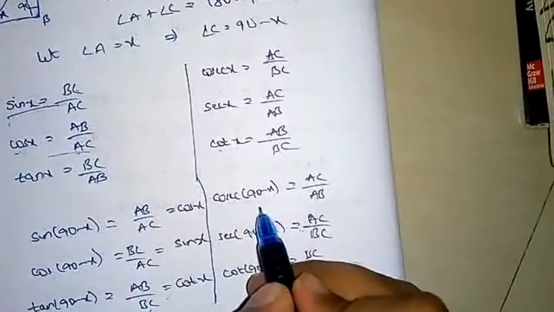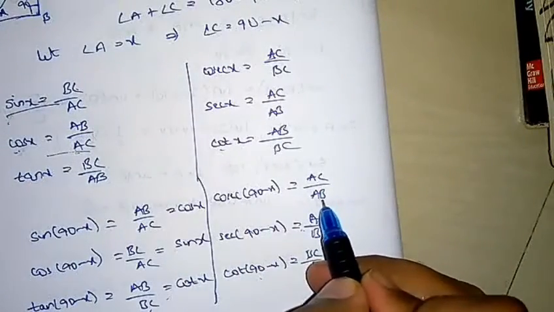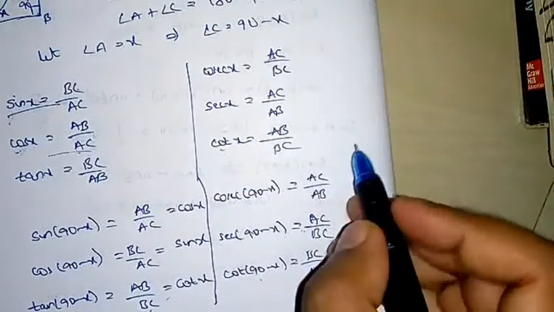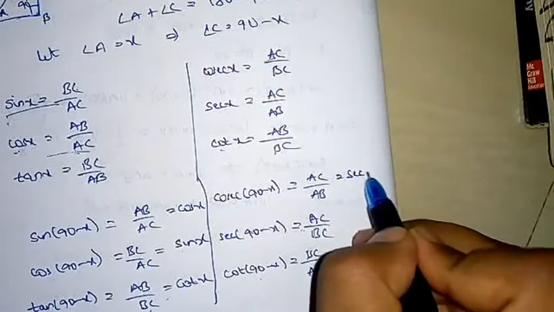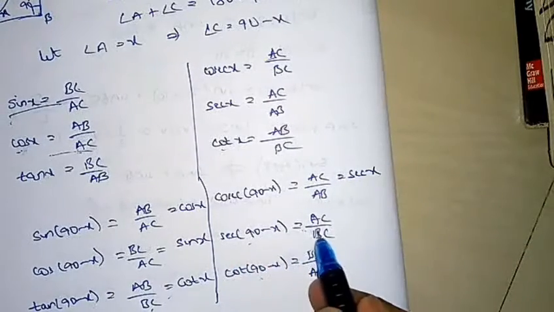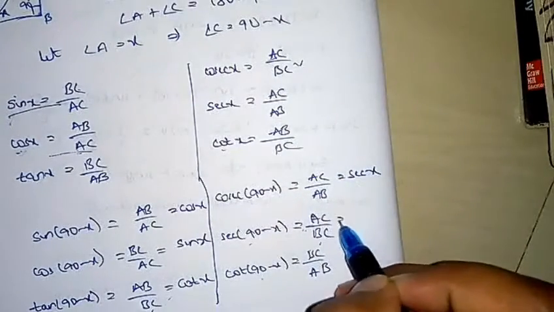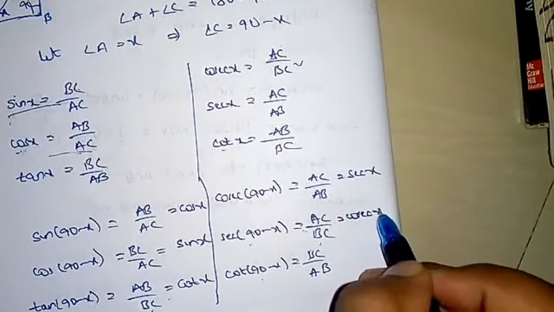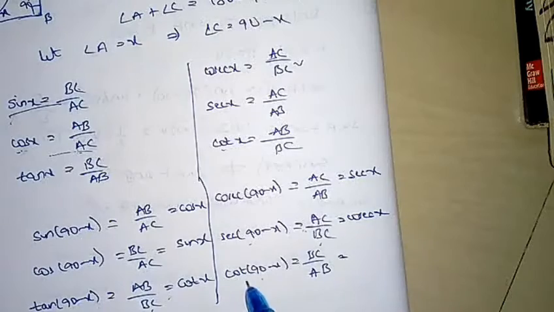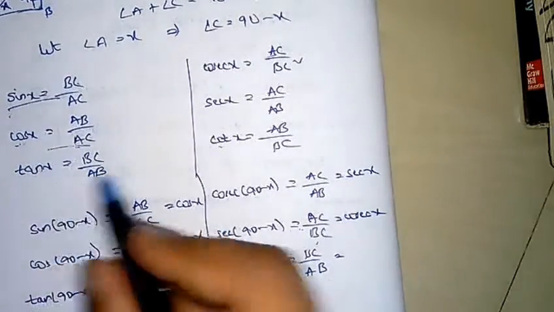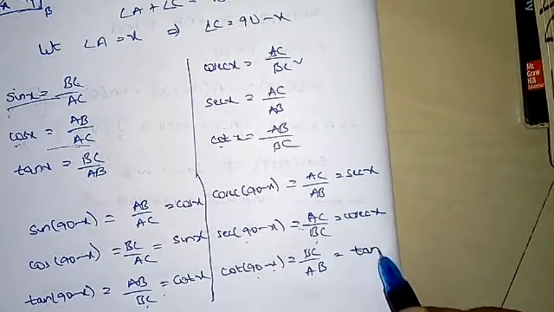Cosecant 90 minus x is equal to AC by AB, which is equal to secant x. Secant 90 minus x is equal to AC by BC, which is equal to cosecant x. Cot 90 minus x is equal to BC by AB, which is equal to tan x.